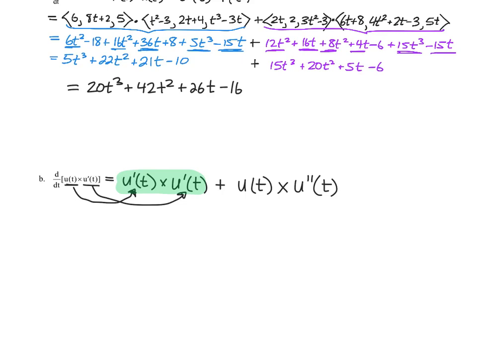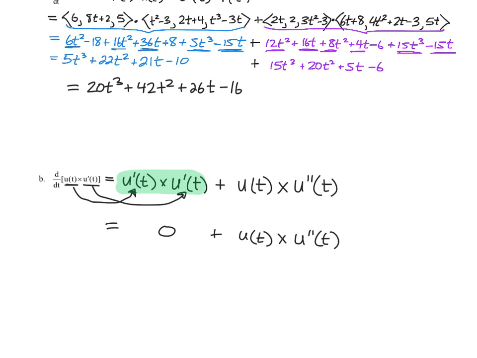What happens when you cross a vector with itself? You get the zero vector. All right. So now this just cleaned up to the cross of u of t and u double prime of t.